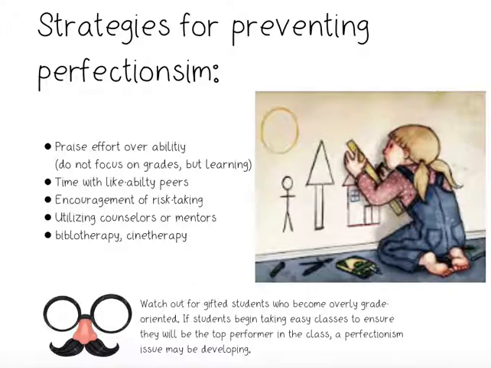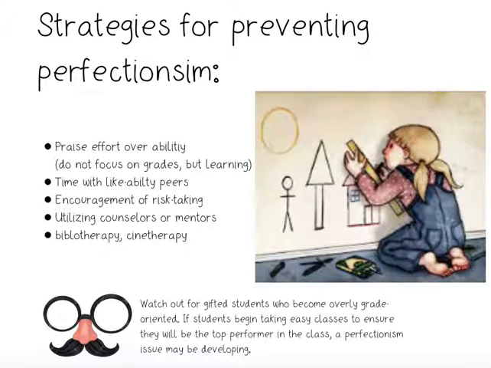To take it a step further, teachers and parents should collaborate together to actively encourage academic risk-taking, meaning that teachers and parents should celebrate when a student chooses to do something academically difficult and out of the student's comfort zone. Other interventions that could also be beneficial for students struggling with motivation and perfectionism could be time with counselors, mentors, and bibliotherapy groups. Again, another intervention that we've mentioned before.